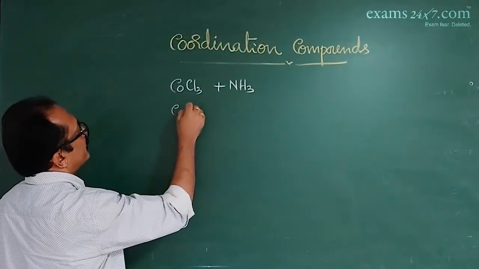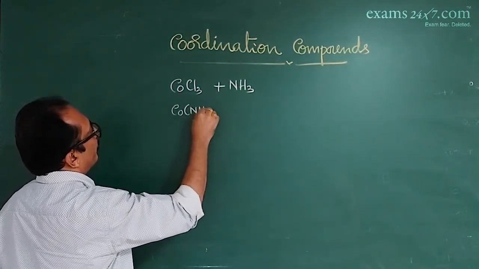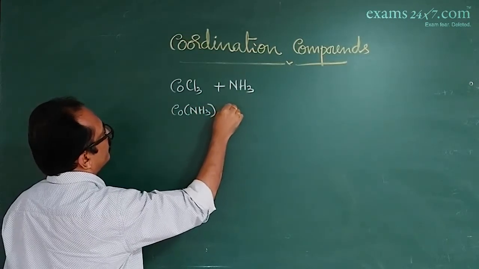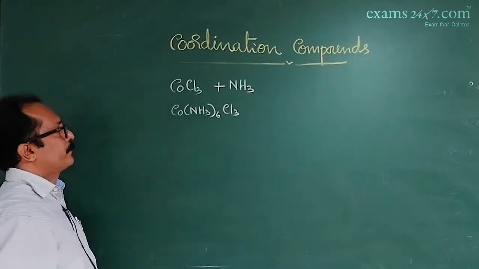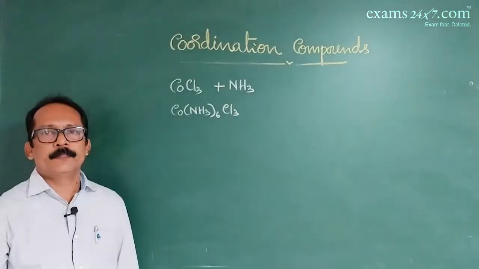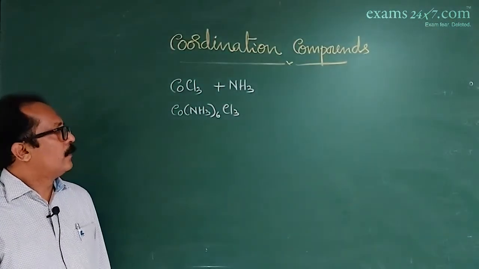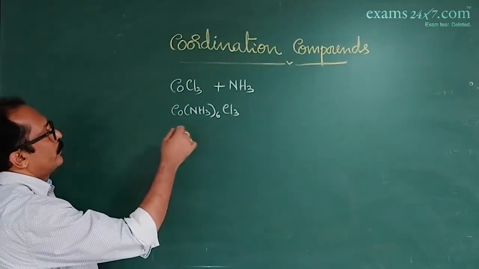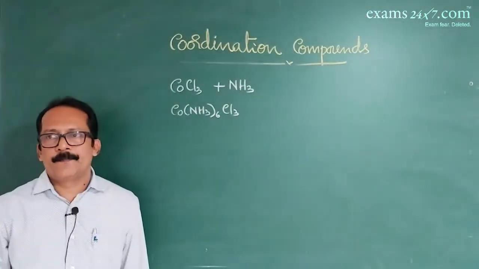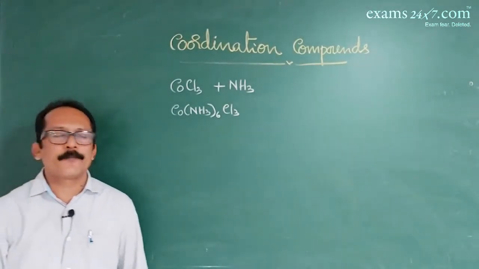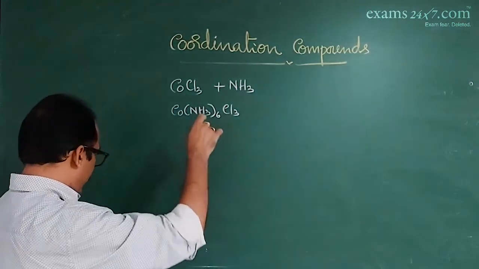Like [Co(NH3)6]Cl3, or we can write it like this. Cobalt chloride, when it reacts with ammonia, forms different types of complex.